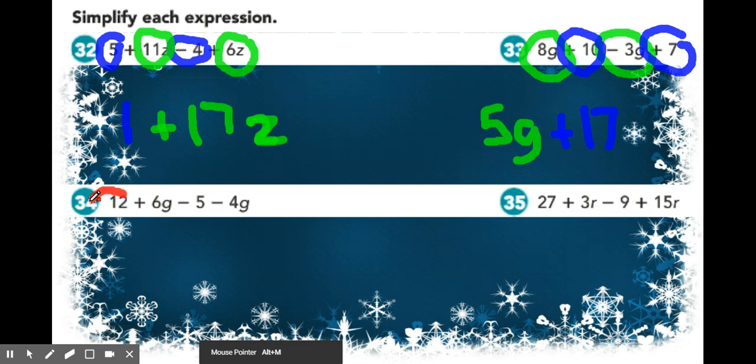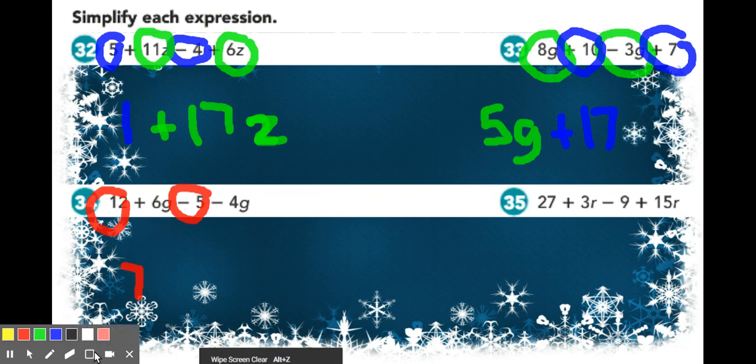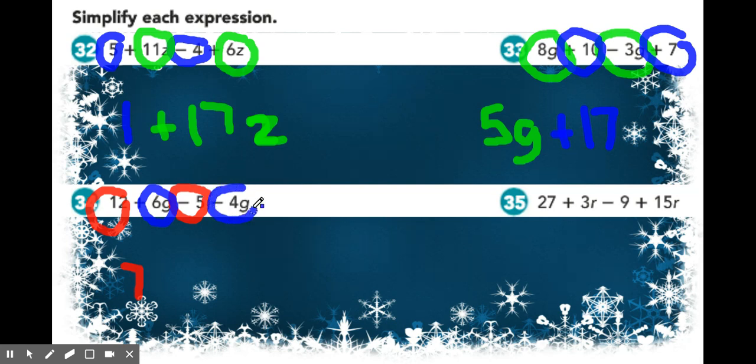Here I have a constant of 12. I look, do I have any other constants? I do. I have a negative 5. So 12 minus 5 gives me 7. And then I have a positive 6g minus 4g.